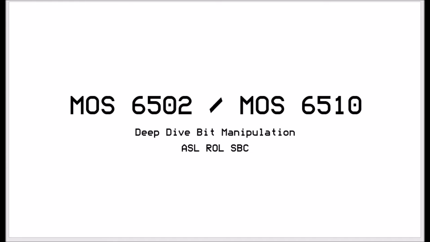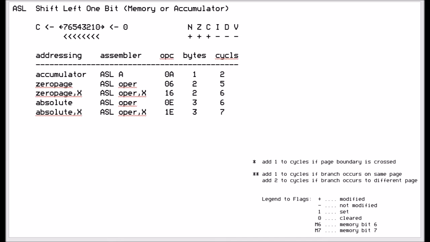So the first instruction is logically shift left. Now, logically shift left is exactly the same as logical shift right, but doing it left. What it does is insert a 0 into the least significant bit, and then shuffle every bit over left by 1, and the most significant bit is dropped into the carry flag.